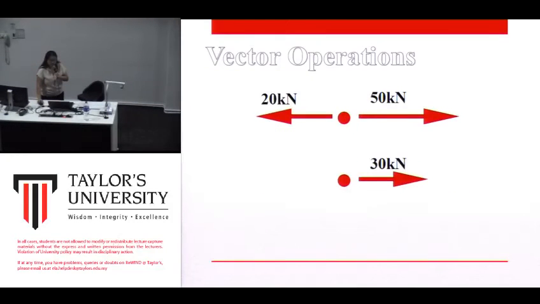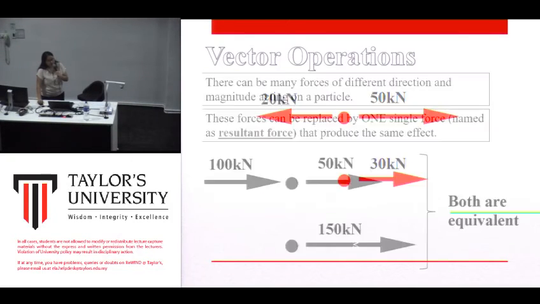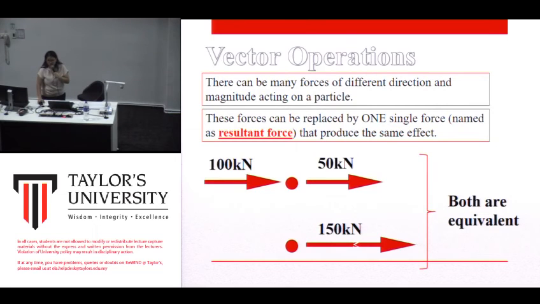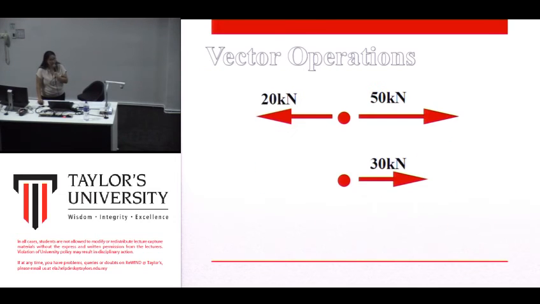So earlier the example showed you something in the same direction. What about in the opposite direction? You just minus off. You pull it by 50. Someone pulls the other way by using 20. So the effect will be similar to pulling by using 30 kilonewton.